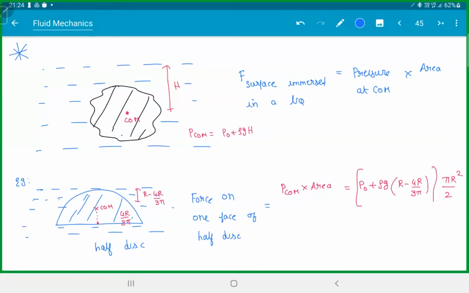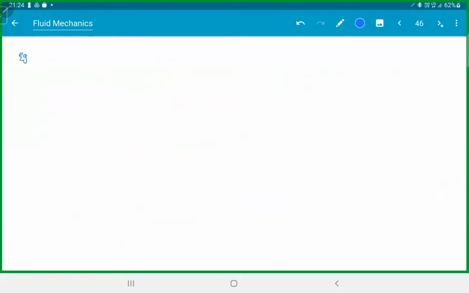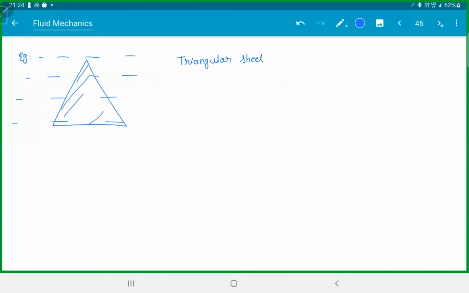Let me give you one more example. Suppose you immerse a triangular sheet. Where is the center of mass for a triangular sheet? Anyone remember? It is the centroid. Where is the centroid height?